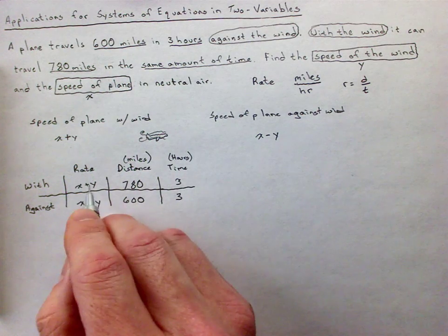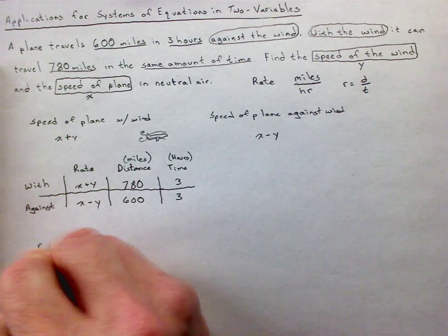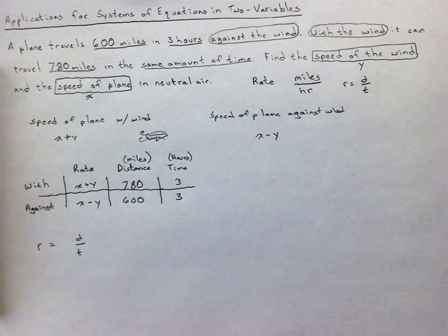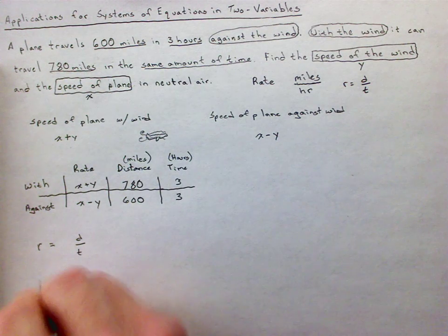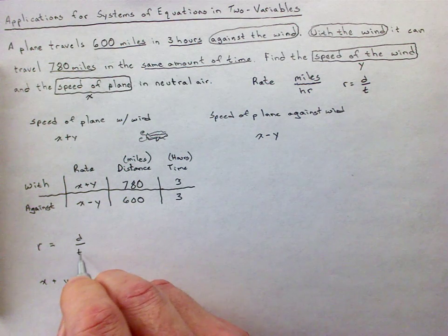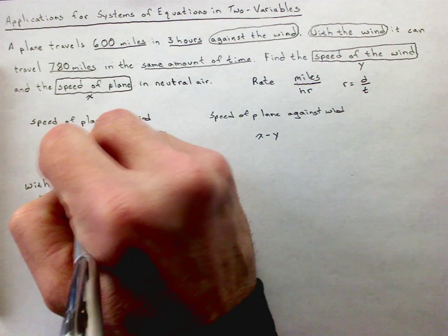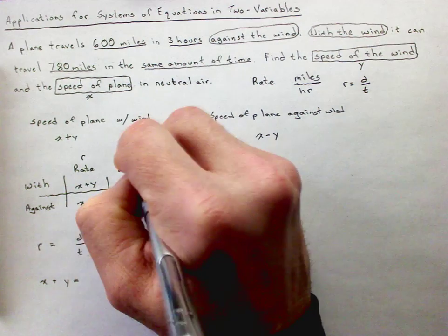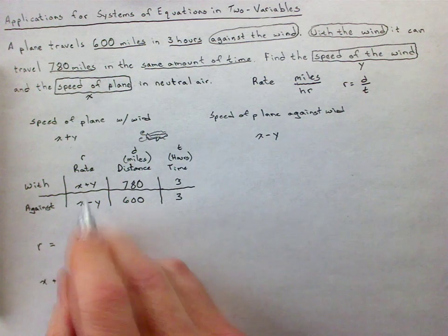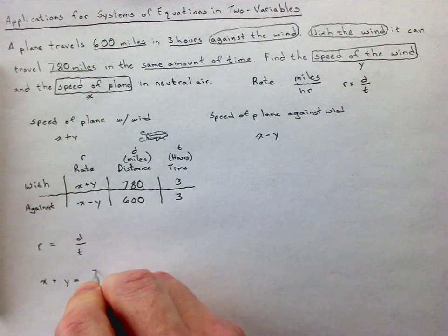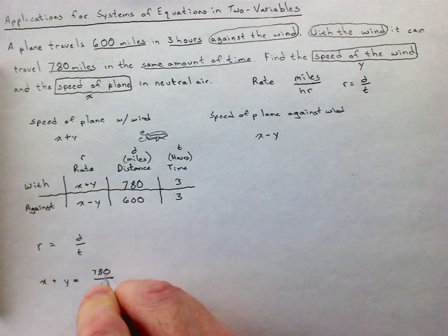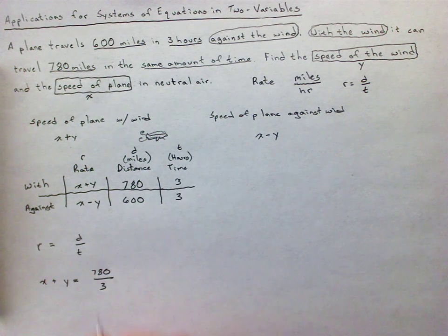So this is my rate. My rate equals my distance divided by time. For equation 1, x plus y equals my distance divided by time. Remember, rate is r, this is d, this is t. My rate is x plus y, my distance is 780, my time is 3.